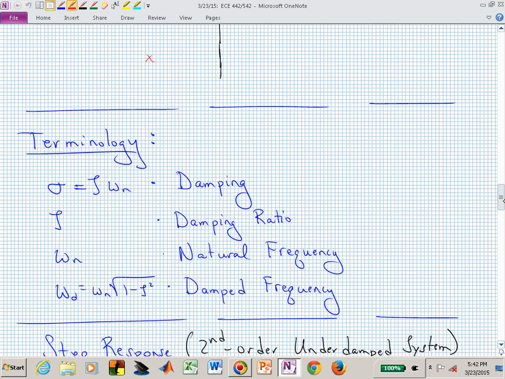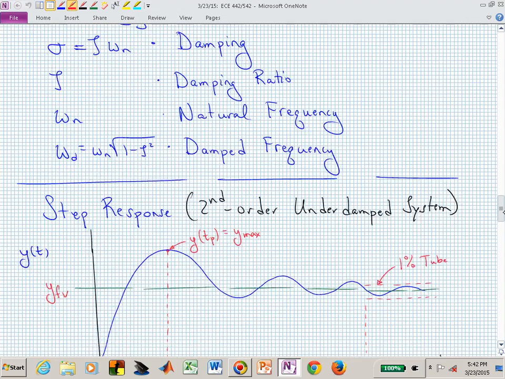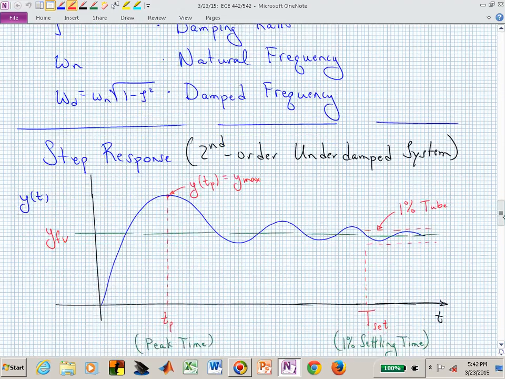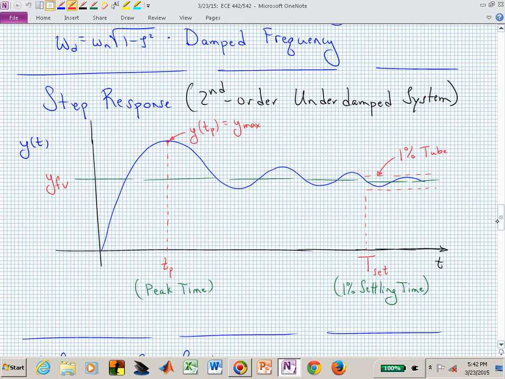Sigma is the damping, zeta is damping ratio, omega sub n is the natural frequency, omega sub d is the damped frequency. Here is the step response of that second order underdamped system. And I've tried to label certain points on that diagram.